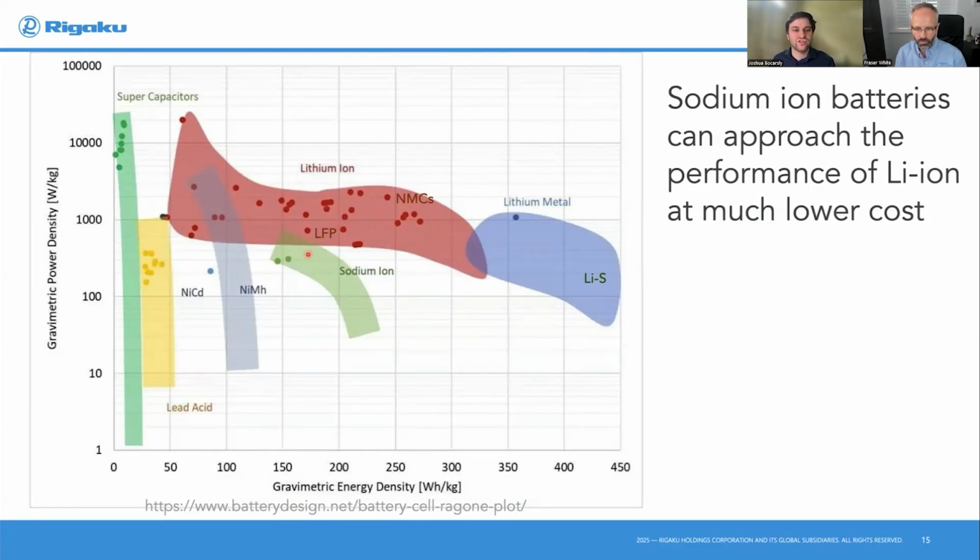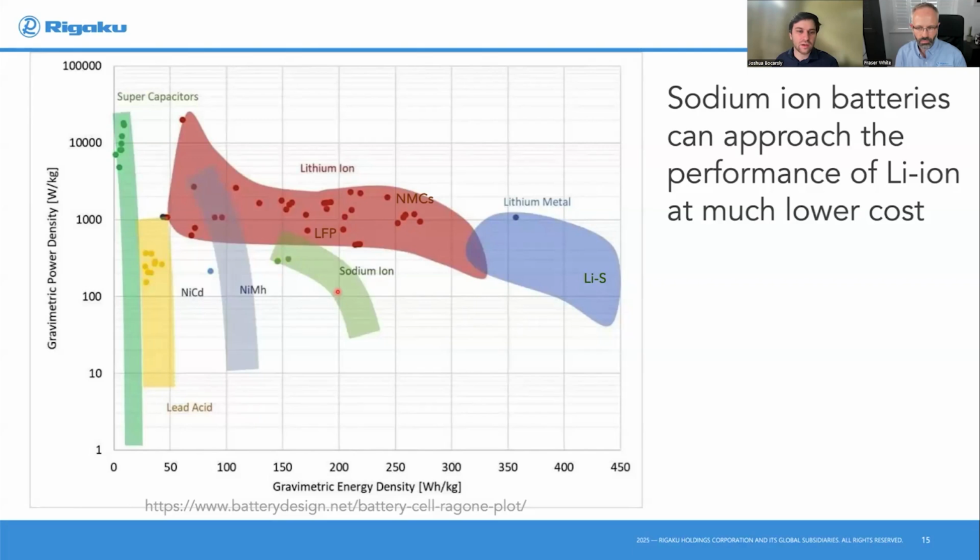And sodium sits just a little bit lower in both the power and energy density axes, and that's because sodium is larger. It simply weighs more. There's a slightly different voltage potential associated with it, and it's harder to move through your material, so it moves more slowly because it's heavier.